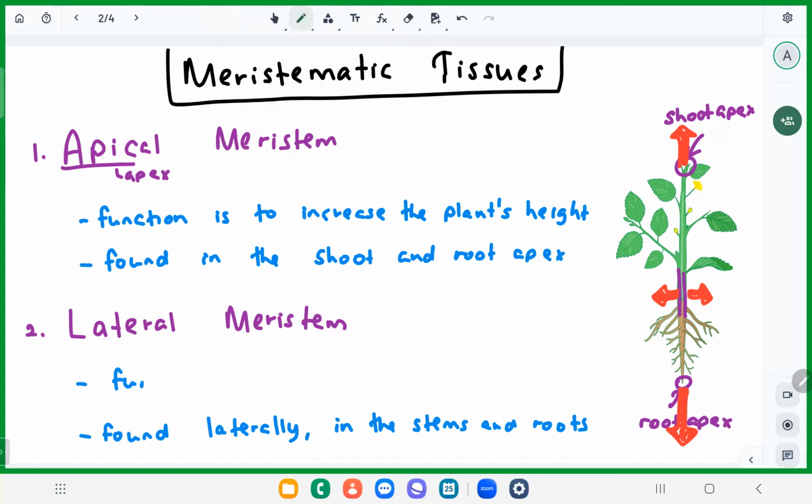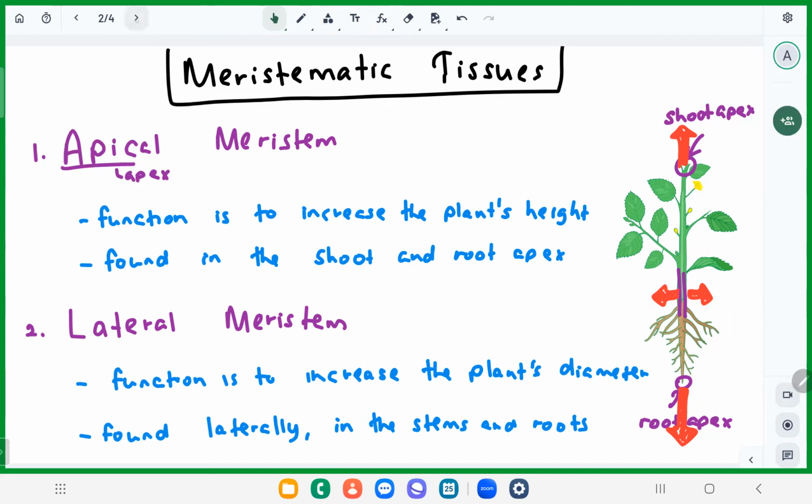The function of the apical meristem was to increase the plant's height, and the function of the lateral meristem is to increase the plant's diameter. So these are the first two types of meristematic tissue you all need to know: the apical meristem, which helps the plant to grow in height, and the lateral meristem, which helps the plant to grow in width.